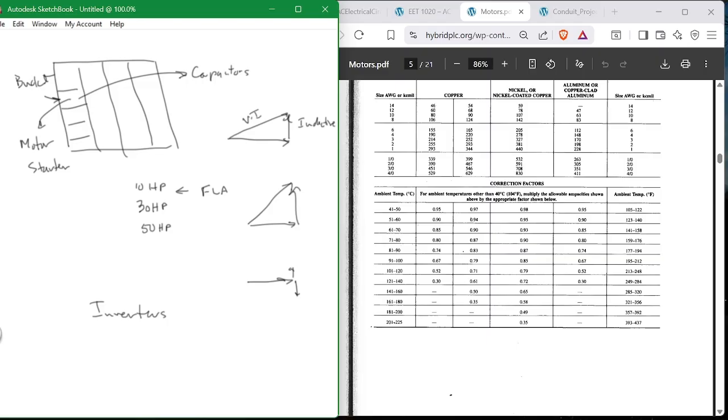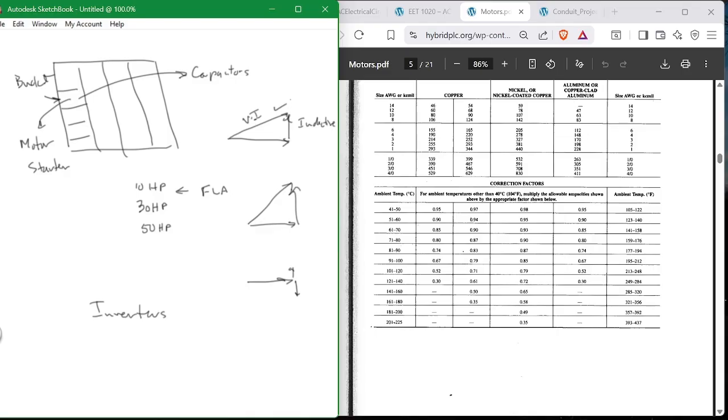So anyway, now, this is the current that you run without the capacitor. This is the current that you would run with a capacitor. This is less current than that. So do you size the wire from the motor starter to the capacitor based on this wire size or on this wire size?